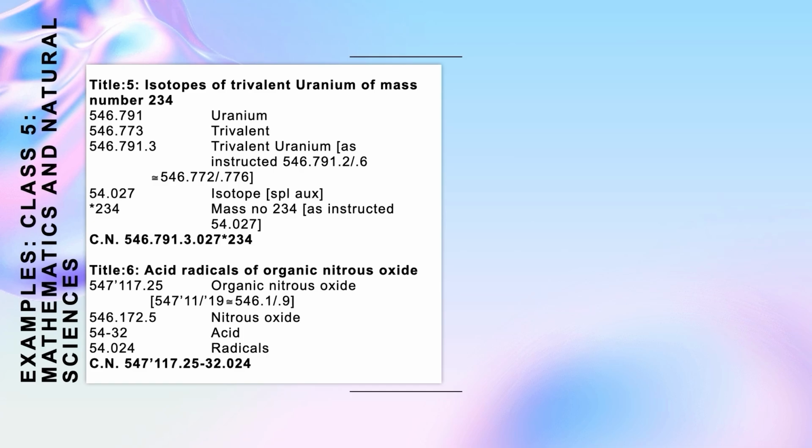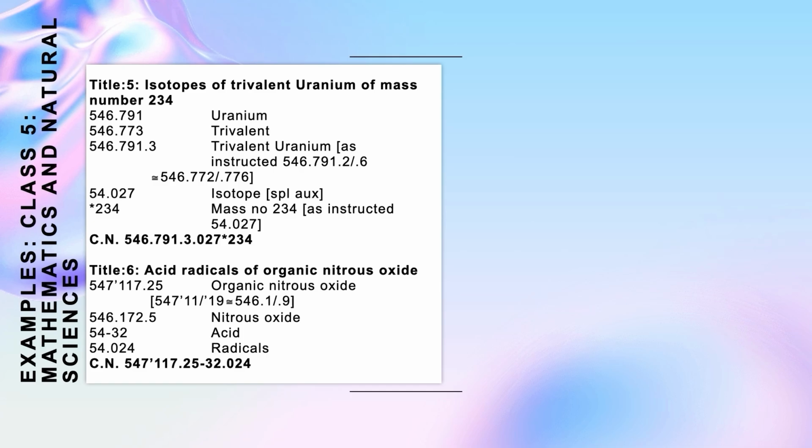Then title 6: acid radicals of organic nitrous oxide. Organic nitrous oxide is in 547'117.25. Actually 547'112'19 is subdivided as 546.12.9, so 546.172.5 is nitrous oxide. Therefore 547'117.25 will be the organic nitrous oxide.